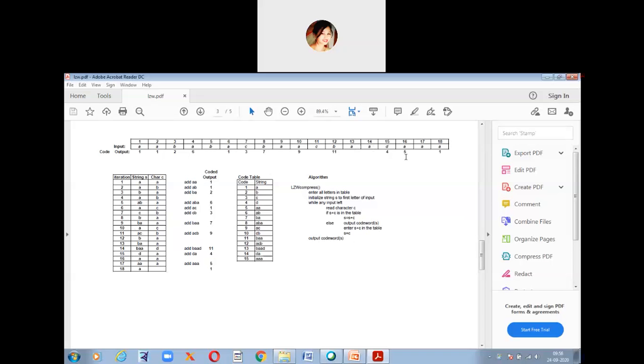Whichever string has the output value given here, you have to consider in that way. So A is not there, so discard. BA is there, so we take BA. Again take A. C is not there, but we can take AC, because it is not repeated. Again take B because it is having the value.